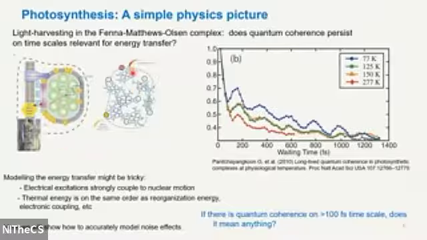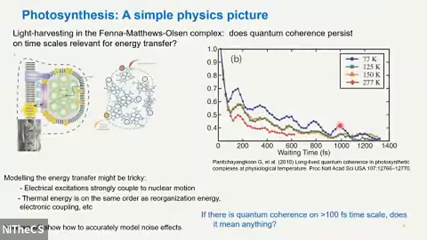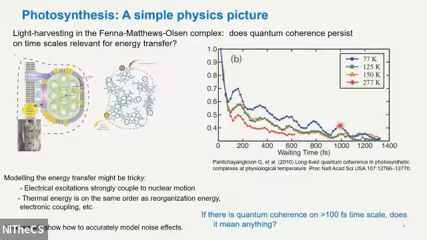So the general idea is that the function of this complex is to very efficiently move energy from one end of it to the other. So on the time scale of this electronic energy moving through this complex, if these coherent oscillations are significant, then perhaps they play a role in promoting the efficiency of this complex. And that's the story of this role of quantum coherence in biological systems. Whether this is true or not is, of course, as we'll see, open to question.